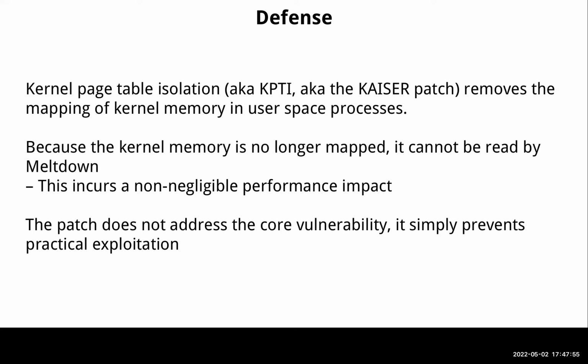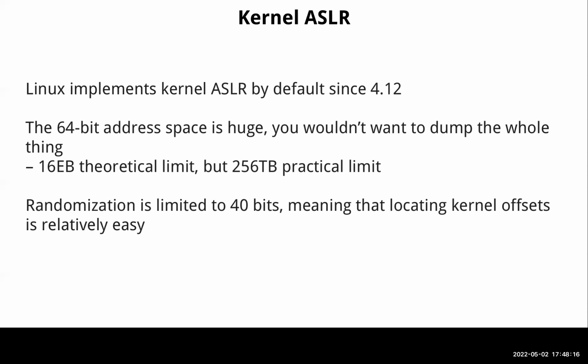There are some small things left there, but they are probably not very serious anymore. You can see this is a kernel patch quickly released by Linux. It doesn't address the root cause of the problem, just prevents practical attacks.